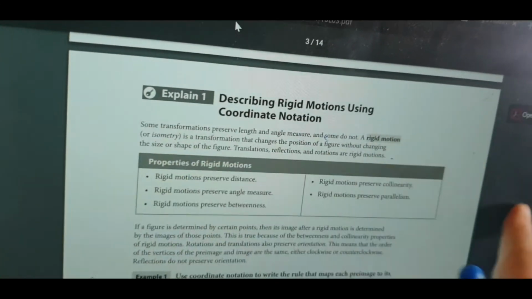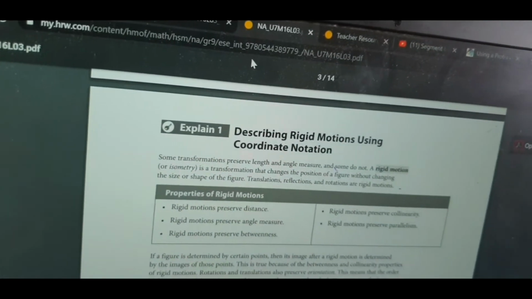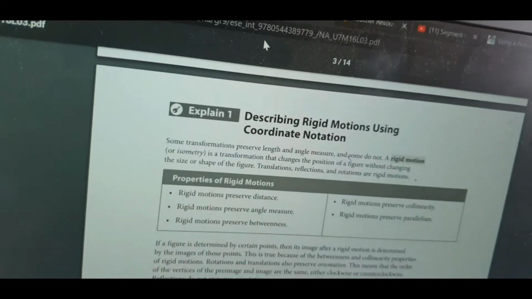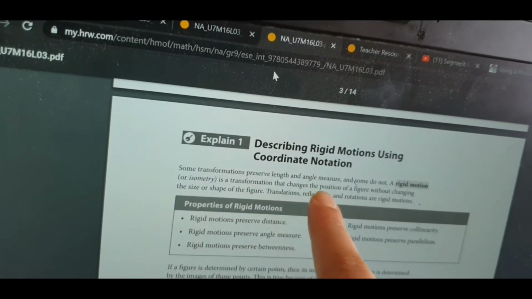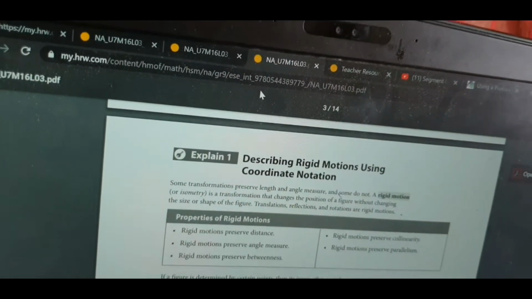And instead of all of this, you can just understand that it preserve what? Size. And that's it. Rigid motion preserve size. That's why the rigid motion is translation or reflection and rotation, because all of these doesn't change size.